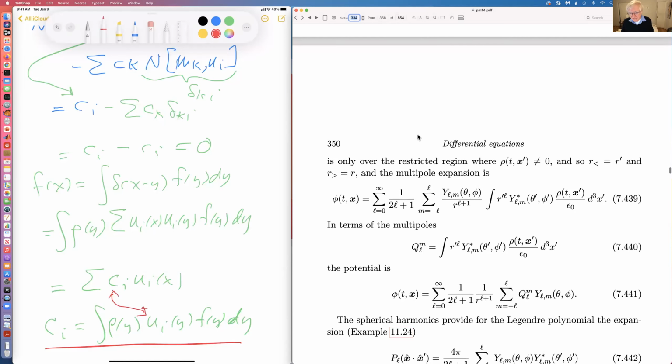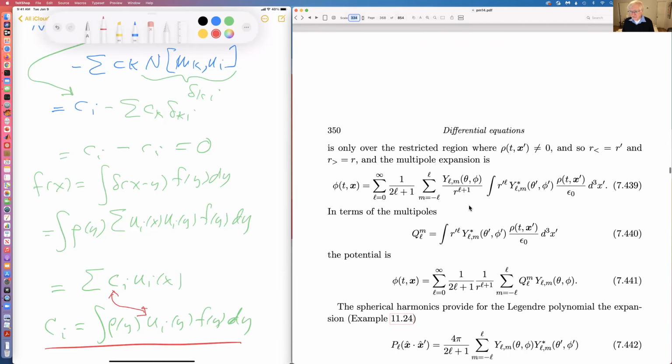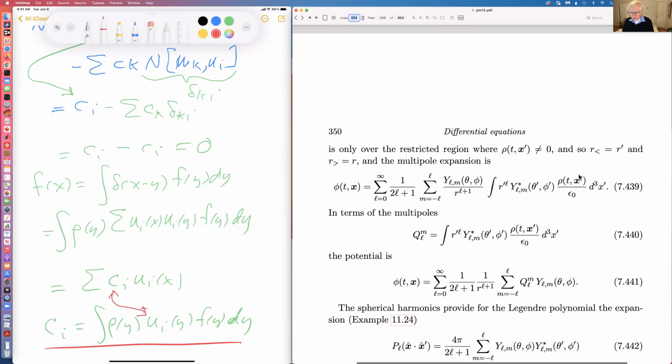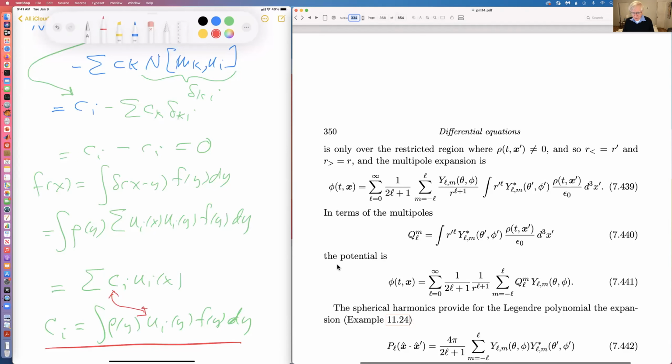If r lesser is r prime and r greater is r, then we can write it this way. And so you're integrating over everything, and the multipoles are these things here, Q_LM. So the multipole expansion of the potential looks like this. This is when your point of observation is outside the region of charge, so r is greater than r prime.